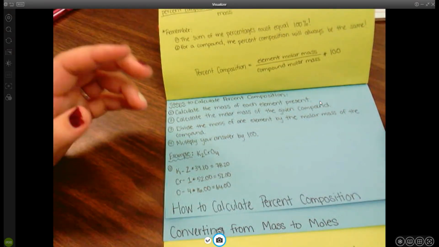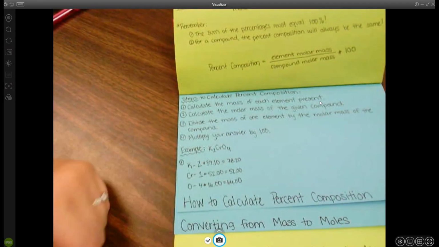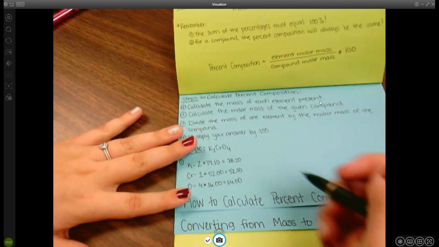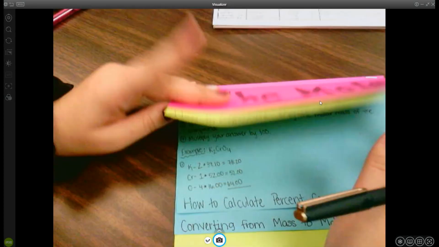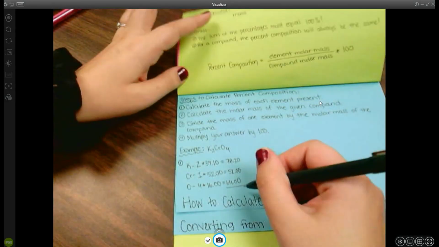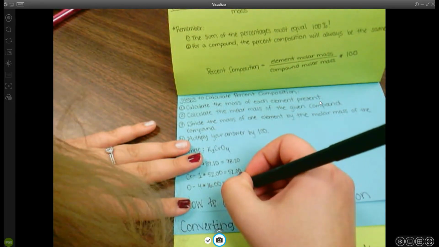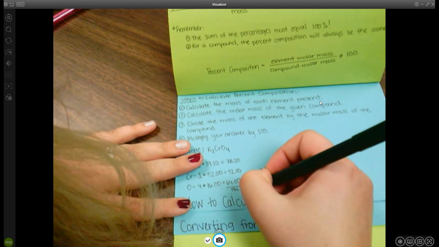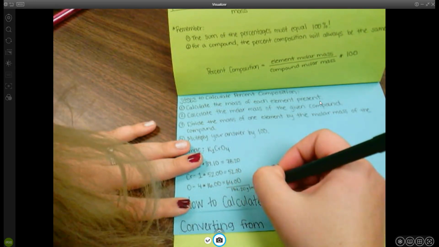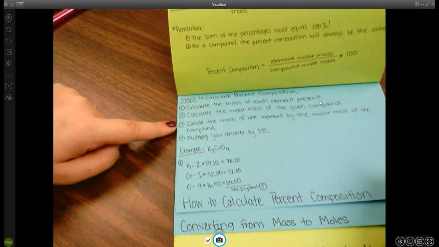You're figuring out how many grams of each element are present. Step 2, you're going to add those all together. So we have 194.20 grams per mole. And this is step 2.